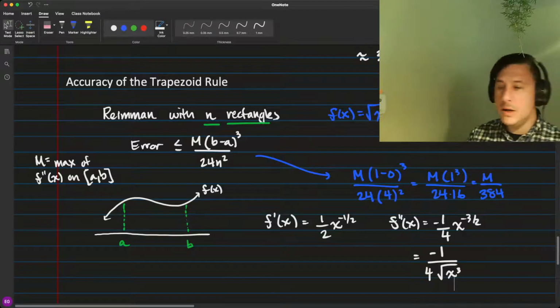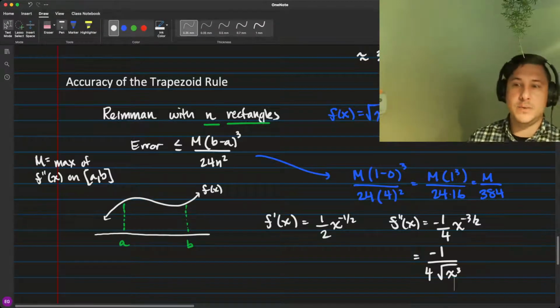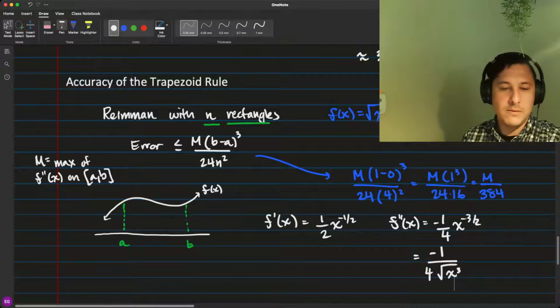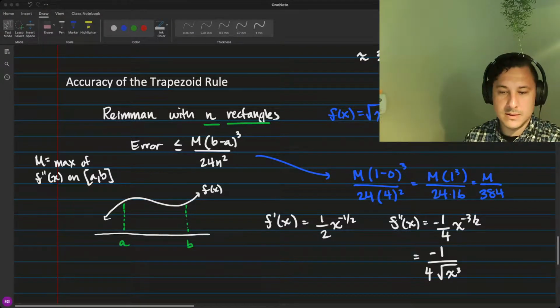Okay, so now we need to know what's the biggest that this thing can get between 0 and 1. Wolfram is really useful for this. So let me go to Wolfram.